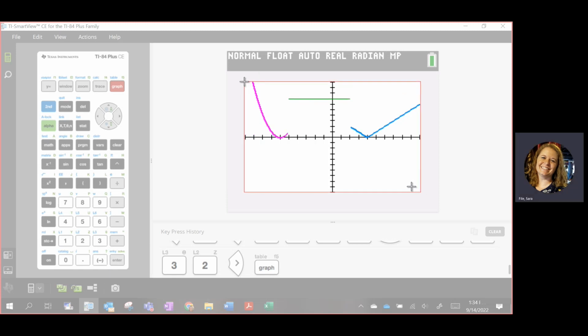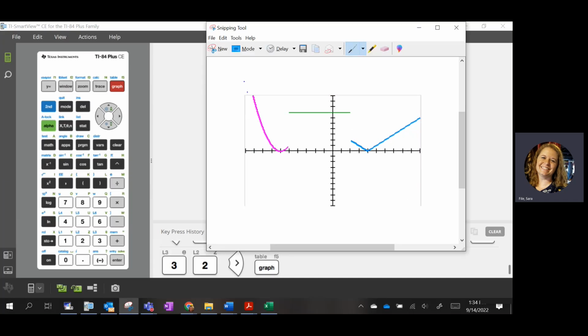Syntax, that is how you typed it. So go to your y equals and show me your calculator. I can see if I see an obvious error in yours.